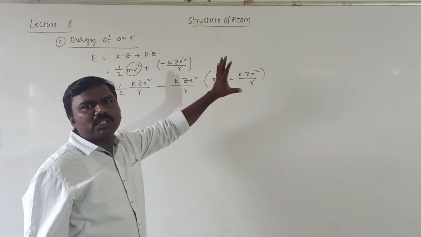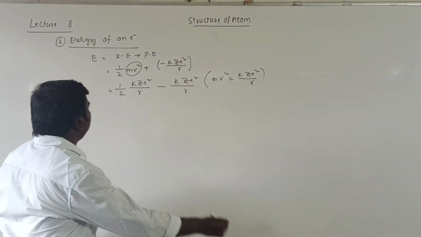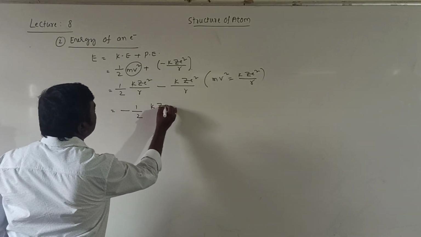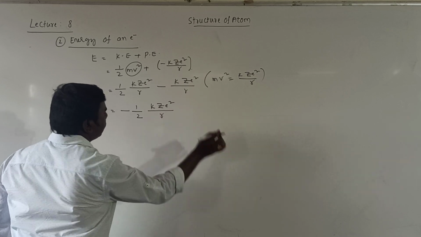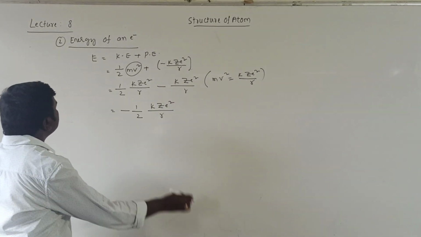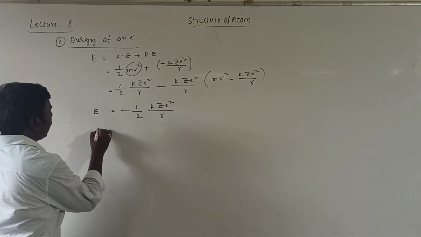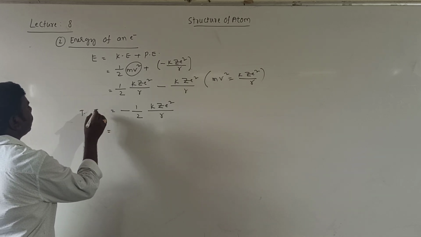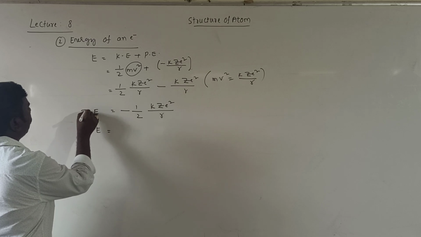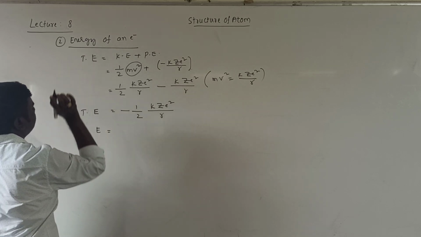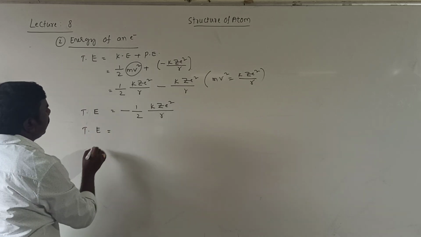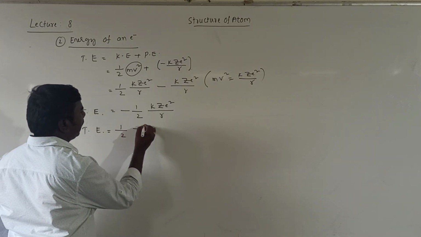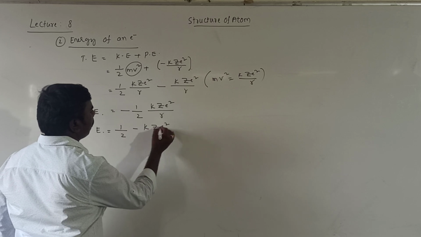So half minus 1 means minus half you will get finally, so minus half kZe square by r. Clear? This is the total energy. Total energy is equal to half into minus kZe square by r.